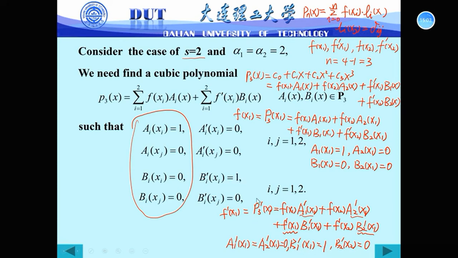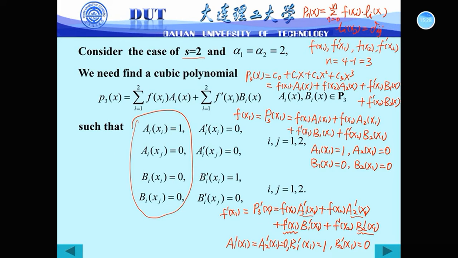So here is 1. But b2, oh sorry, here should be 1, not x2. Okay, should be x1. Okay, b2 prime x1 should be 0. You see, i and j also derivative is 0. It's okay. So we can obtain these 4 conditions, properties for the basis.